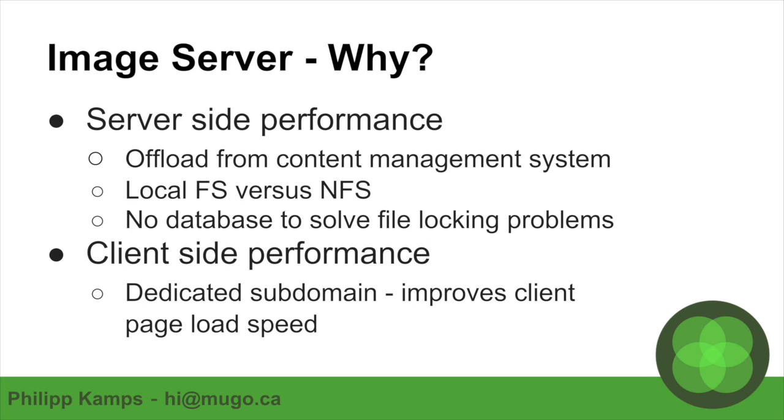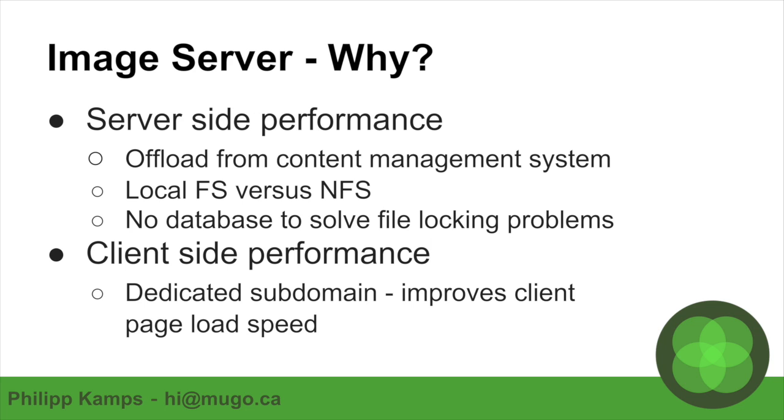So you free up more resources for Easy Publish to render the HTML documents. And you free up the bottleneck connection to the NFS. So that's another reason. The image server is using the local file system. It's not using NFS. The local file system is a lot faster than the connection to the NFS.